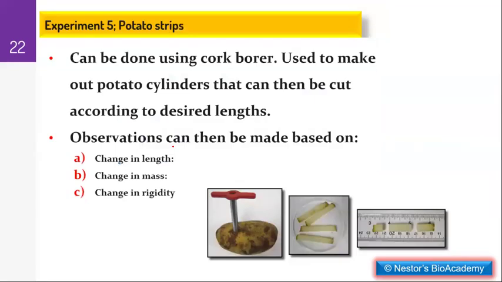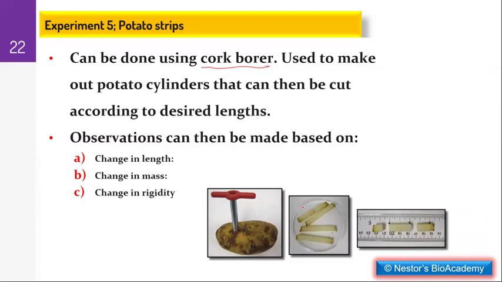Another possible experiment you're likely to encounter here is one in which we are using potato cylinders. So here you can be given a cork borer, and again, raw potato. It can be washed, and then using the borer, you will cut out and remove potato cylinders from it.